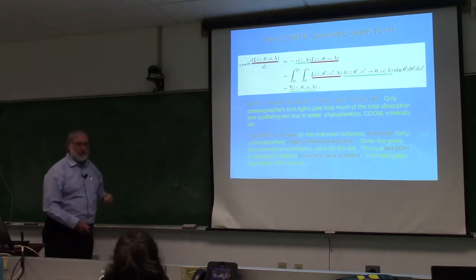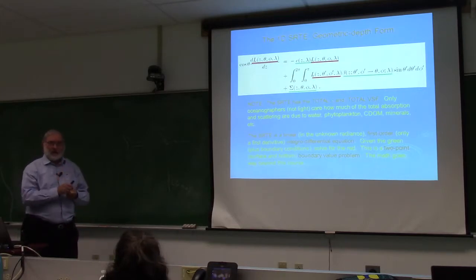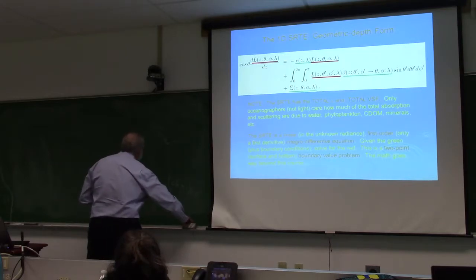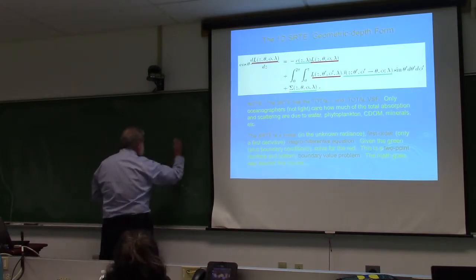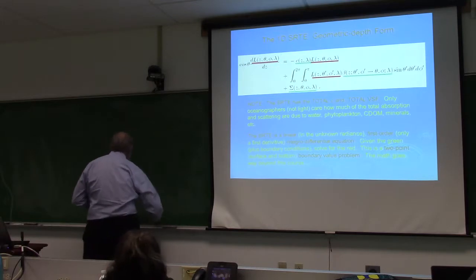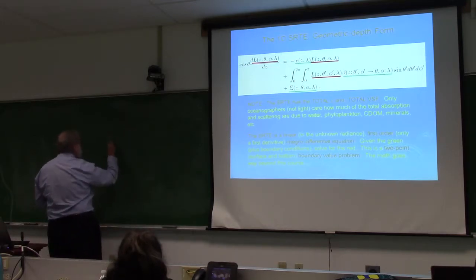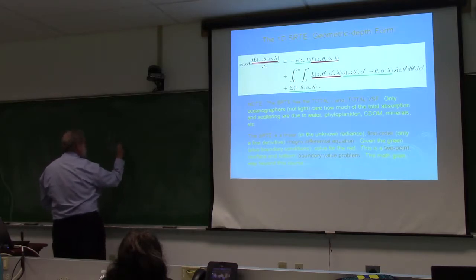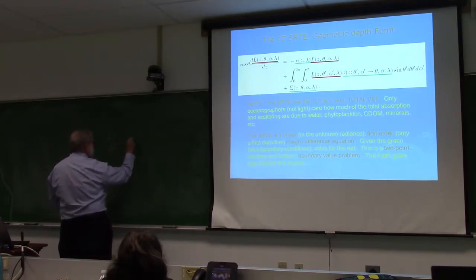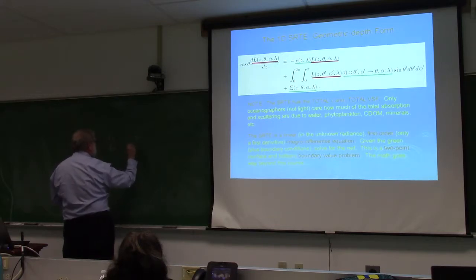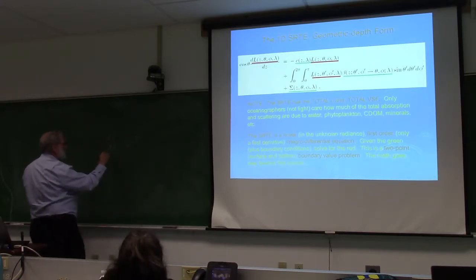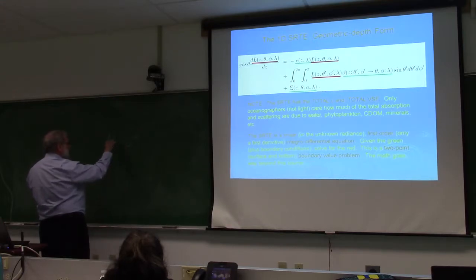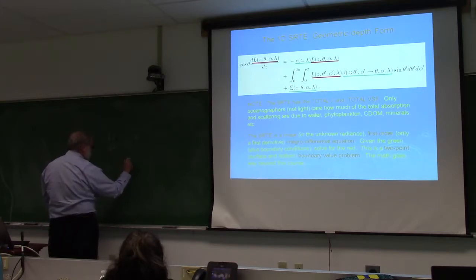And in general, 2-point boundary value problems do not have solutions. Let me just cook up one here. Suppose I have a differential equation, df dz equals, I don't know, e to the minus z. Well, the solution would be f equal to e to the minus z, plus a constant.